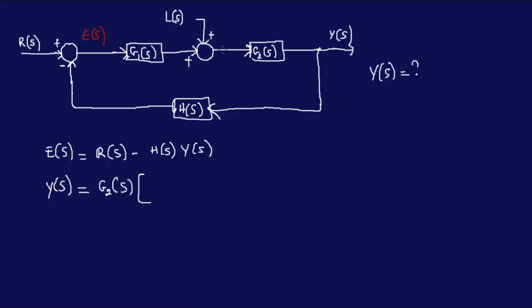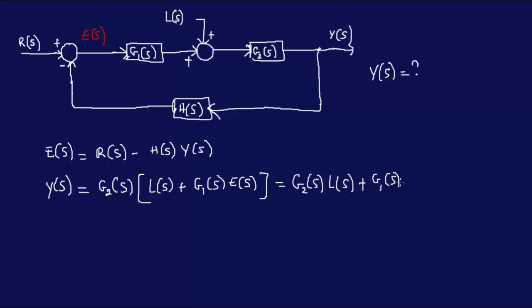So coming out of here is a summation of L of S plus, because we have a plus sign here, L of S plus G1 of S times E of S. We can expand this, saying that it's G2 of S times L of S plus G1 of S times G2 of S times E of S. So that's Y of S.